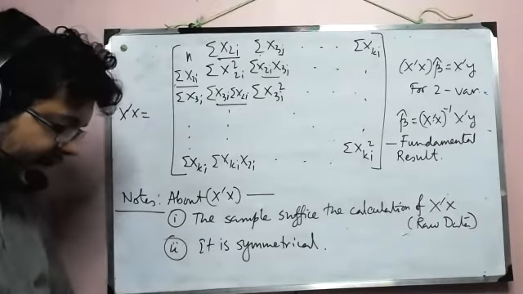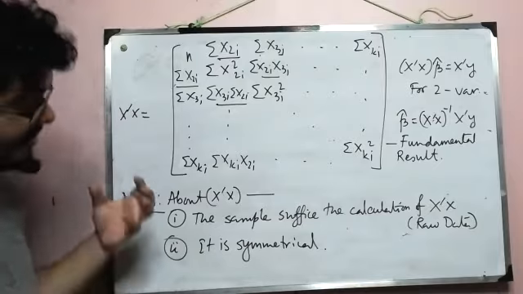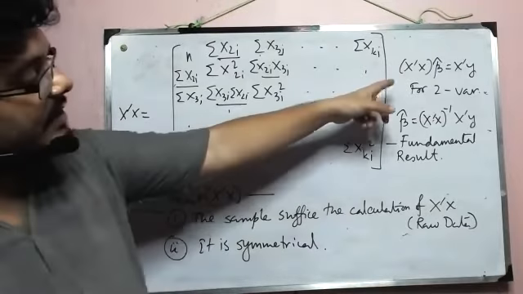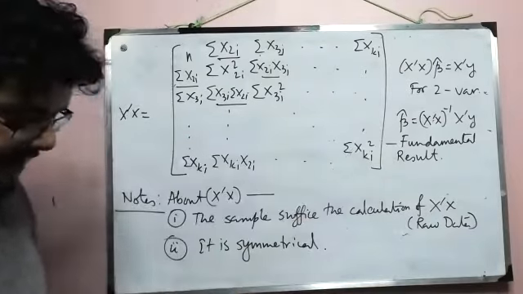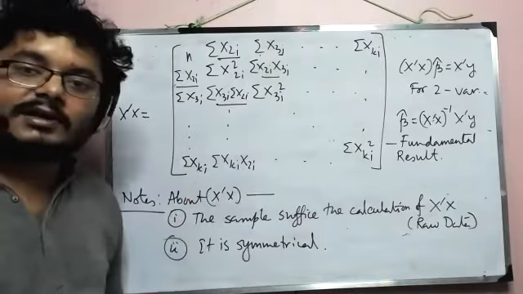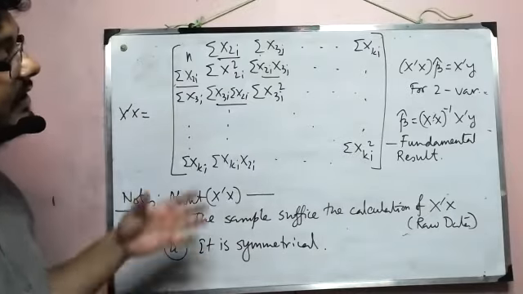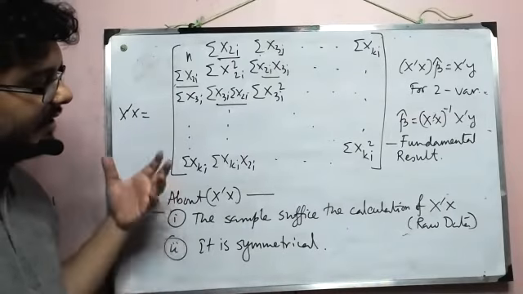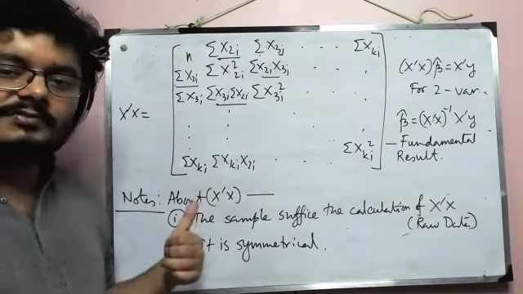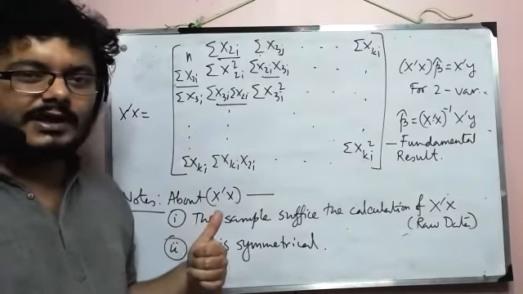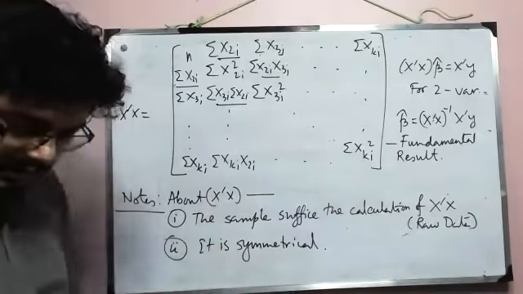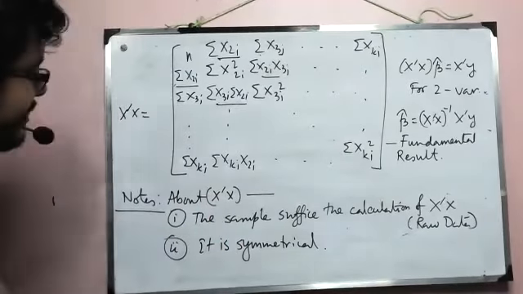Now I'll just mention the components of this equation for a two variable system, and you can derive at home and find that the beta hat becomes identical with the first model that we have solved. Okay, so that will give you an idea of how this whole generalization is actually at work.